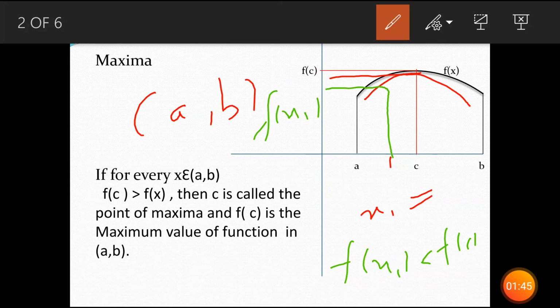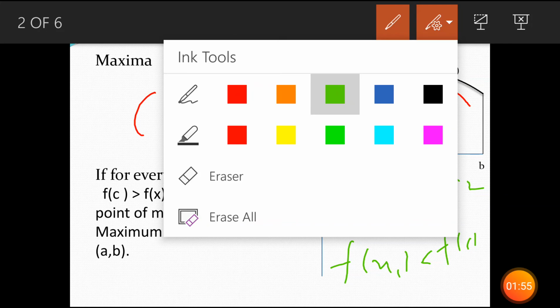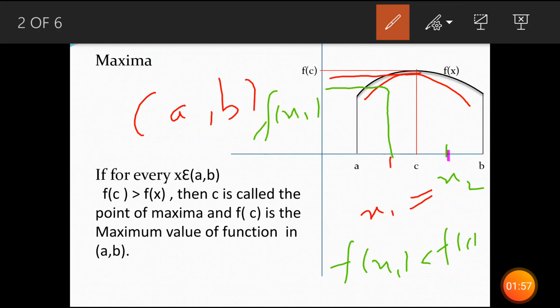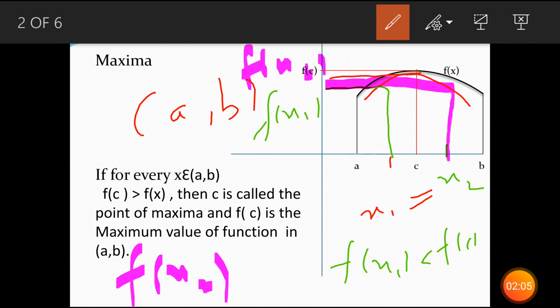It means f(c) is a higher value than f(x1). If you consider another value, that is x2, and draw this, you will get f(x2). Again you can see that f(x2) is less than f(c).